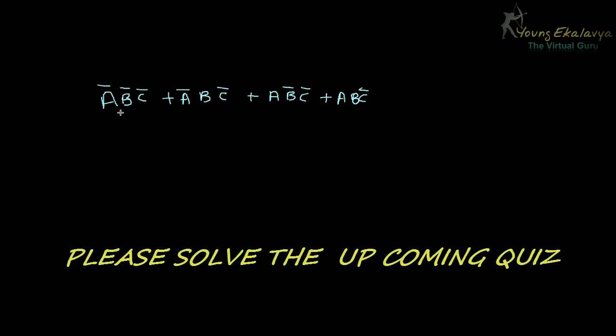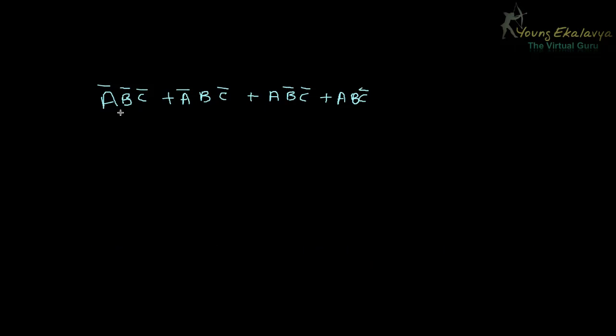I repeat it again. Our given expression is A bar B bar C bar plus A bar B C bar plus A B bar C plus A B C bar. Now simplify this expression and get the result.